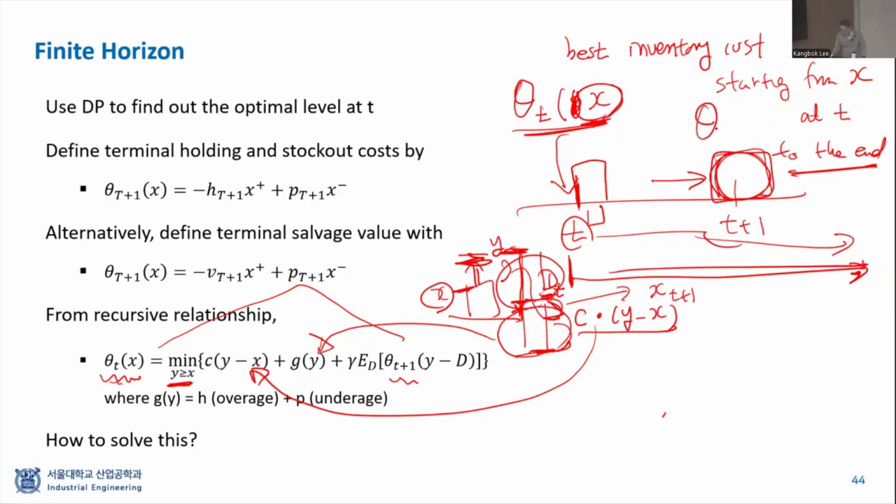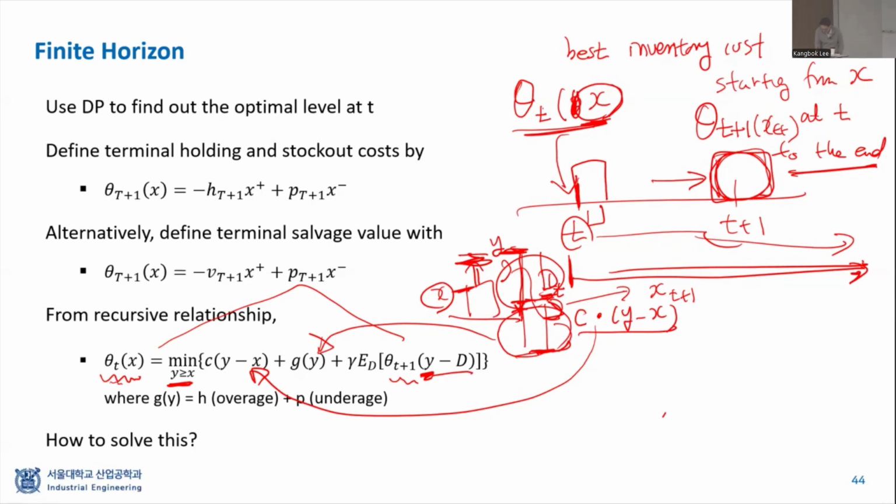So any costs coming after the t plus 1 time period will be included in this one. However, since I'm starting from my y, in the next time period, the position that I will start will be y minus d_t. So my ending position, y minus demand, will be my next beginning position.